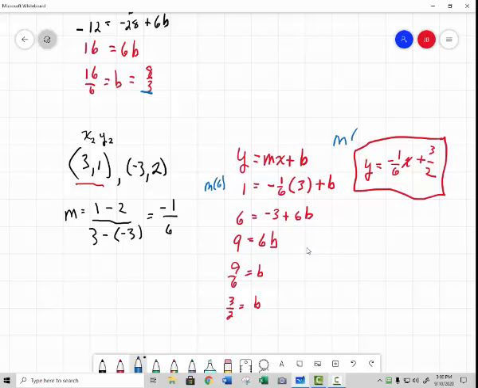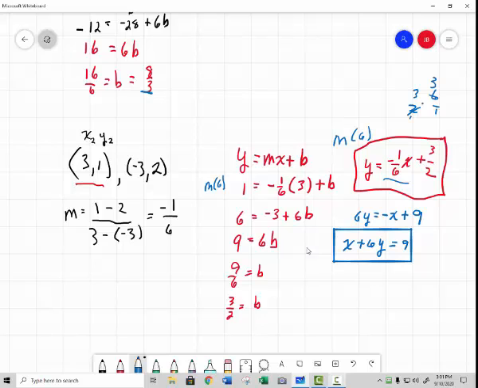So that means that 6y equals minus x plus, and if I take 3/2 times 6, that's going to cancel, that's going to cancel, and that will give me 9. Now I can add x to both sides, and I get x plus 6y equals 9. And that is standard form. There's your slope-intercept, and here's your standard.